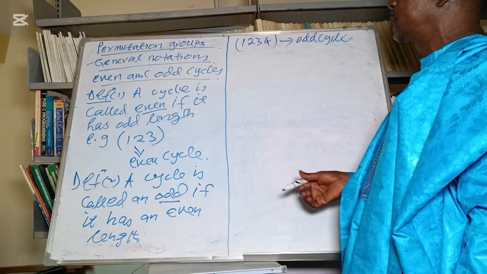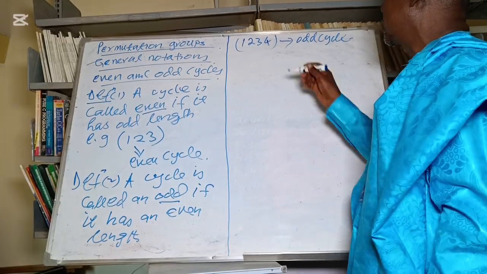Now, on the basis of cycles being odd or even, we categorize the symmetric group.